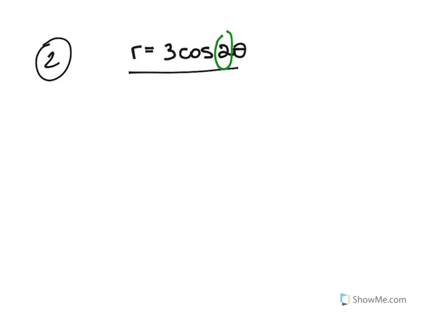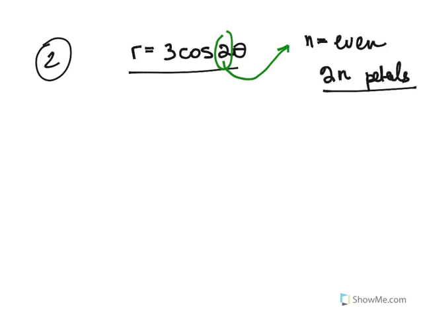We look at this coefficient, and when n is even, and in our case it is even, then the rose will have 2 times n petals. When it's odd, you just get that number of petals, whatever that coefficient is. So in our case, it's 2 times 2, and we get 4 petals.